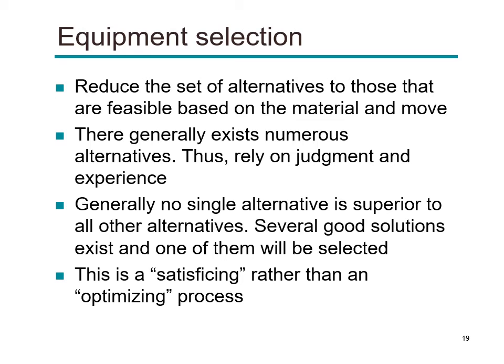You should reduce the size of the problem. First, reduce the set of alternatives to those that are feasible, based on the material and move. So which type of move do you require? If you require a discrete type of flow, it means that you may not be able to use conveyors or hoists or bridge cranes. So you will look at AGVs or forklifts. So reduce the set of alternatives.